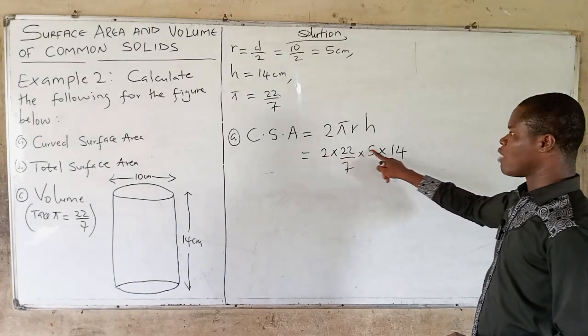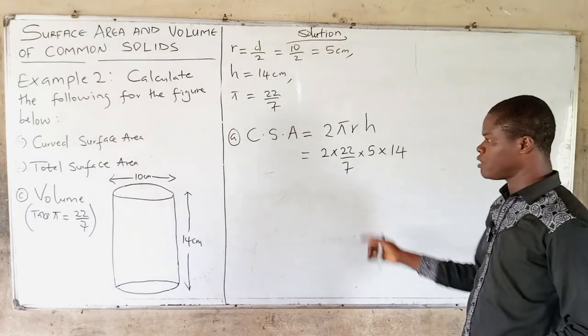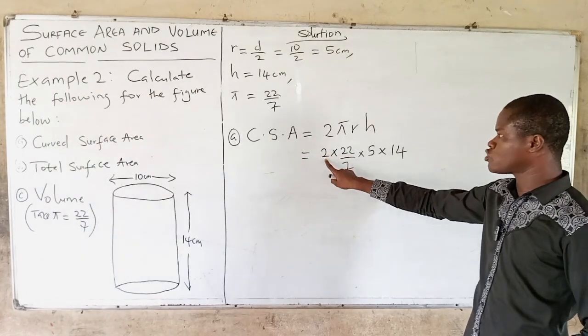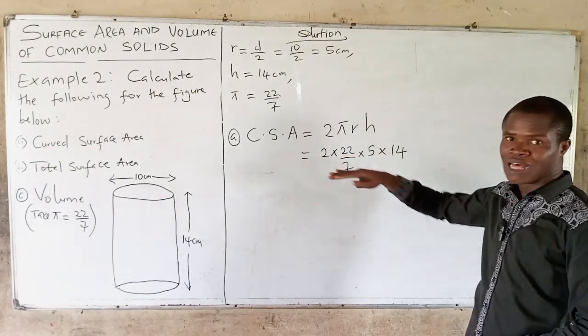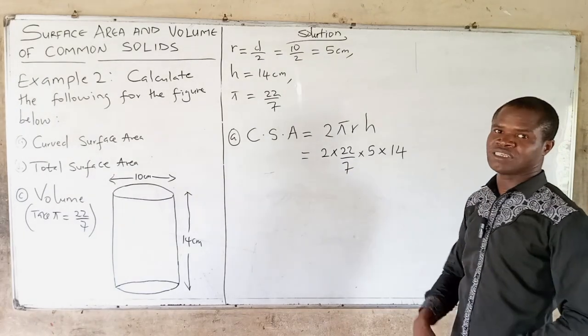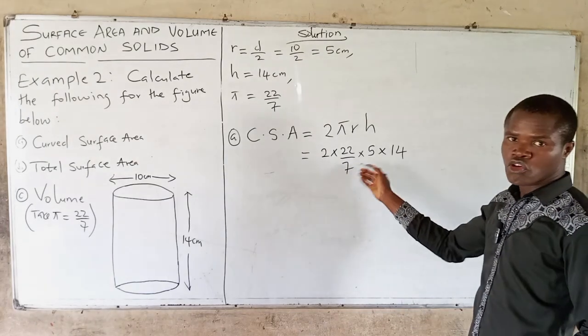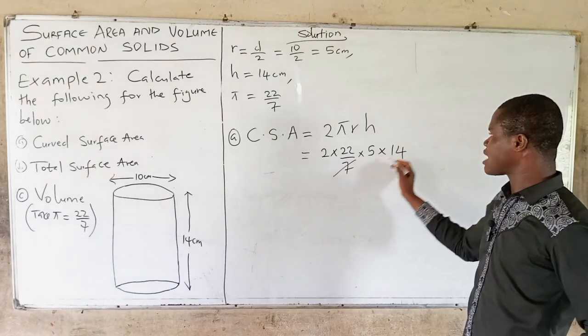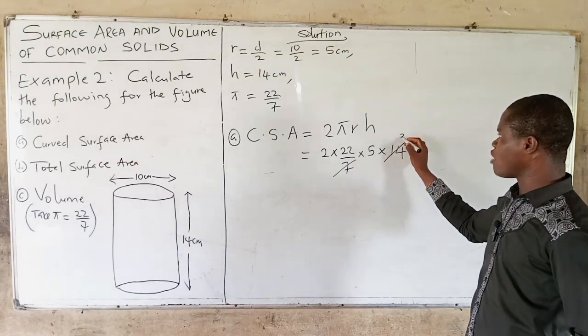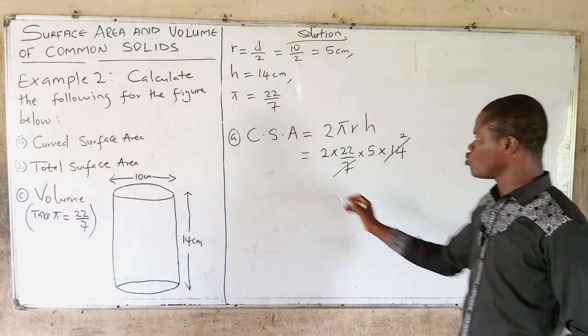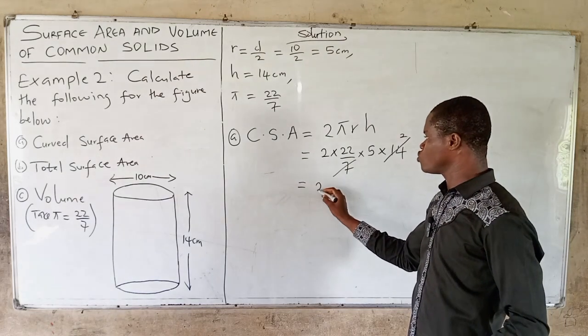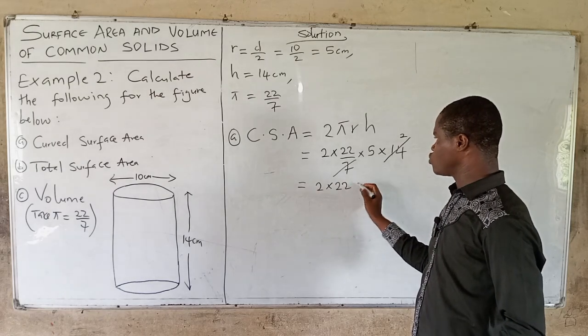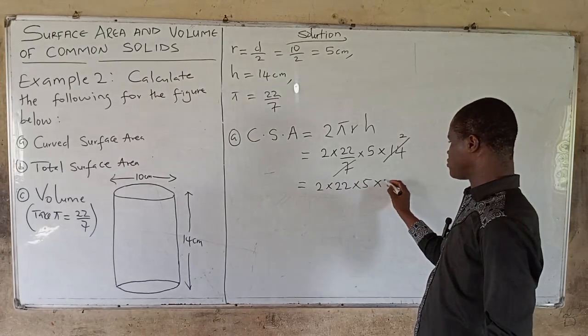So look at this very well. All these are our numerator. This is a multiplication problem. All these numbers here, 2, 22, 5, and 14 are numerators. And 7 is our denominator. Can anything go? Yes. 7 can cancel 14. And we are going to be left with 2. So in the end, we are left with 2 times 22 times 5 times 2.